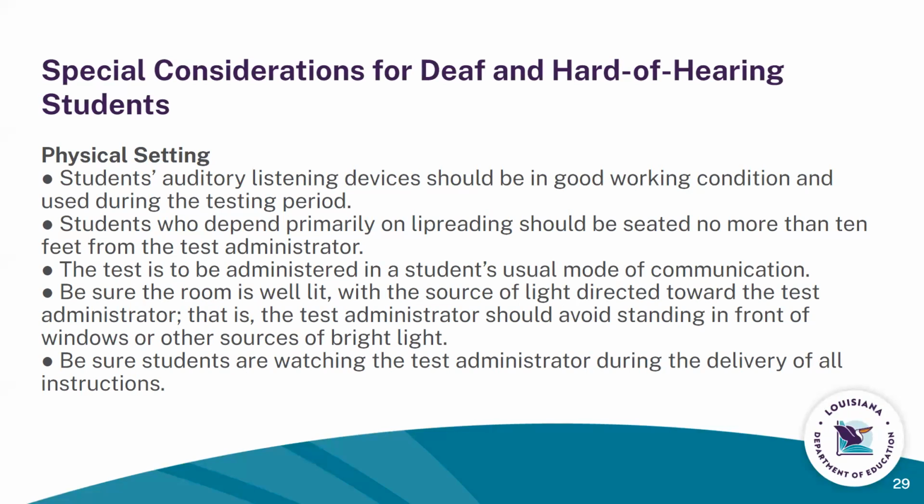The test is to be administered in a student's usual mode of communication. It's also important to ensure the room is well lit with the source of light directed toward the test administrator. That is, the test administrator should avoid standing in front of windows or other sources of bright light, as well as ensuring that the students are watching the test administrator.